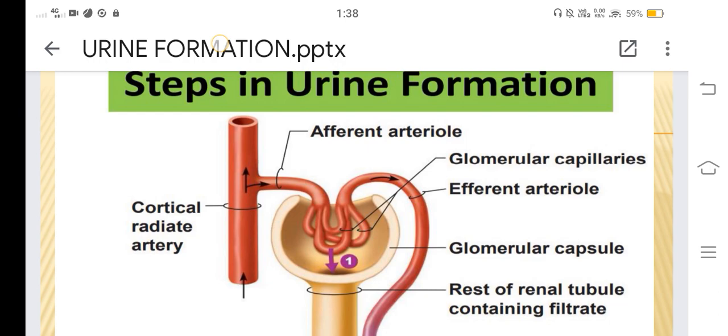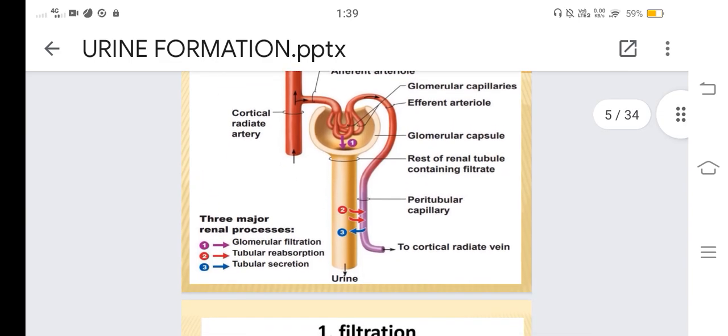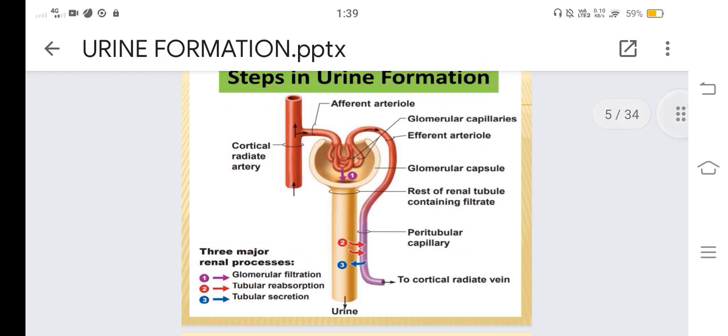First, the afferent arteriole is there, glomerular capillaries are there, efferent arteriole is there, cortical radiate artery, glomerular capsule, rest of the renal tubule containing filtrate, then peritubular capillary to cortical radiate vein. There are 3 major renal processes, like glomerular filtration. Look at the rose colored arrow portion which is happening in the glomerulus.